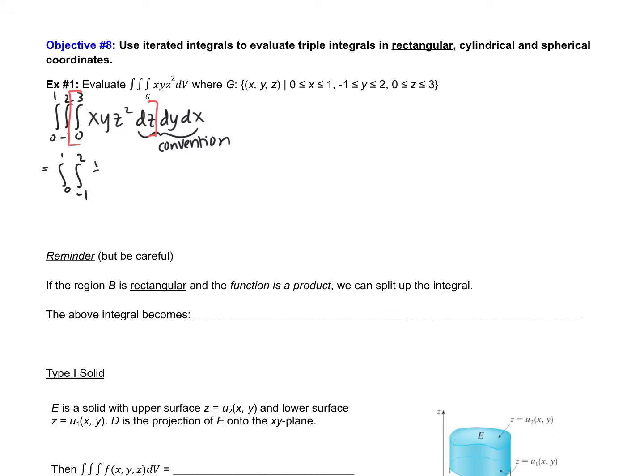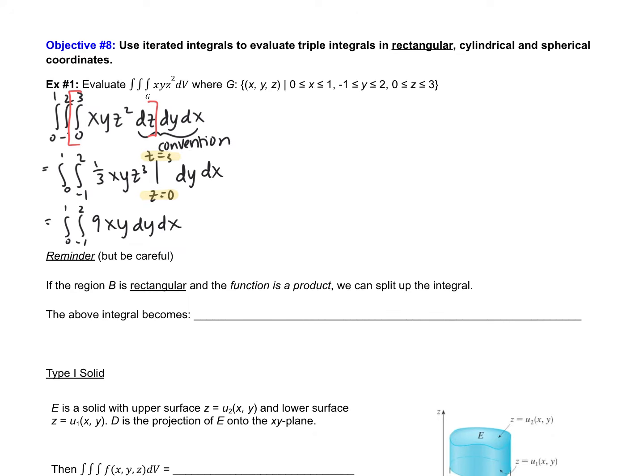And then we end up with 1/3 xyz cubed, evaluating from z equals 0 to z equals 3, and then we have dy dx. Like we did with double integrals, I highly suggest you write z equals so that you remember you're substituting for z and not x or y. If we substitute 3 in, 3 cubed is 27, and we take 1/3 of that, we're going to get 9xy.